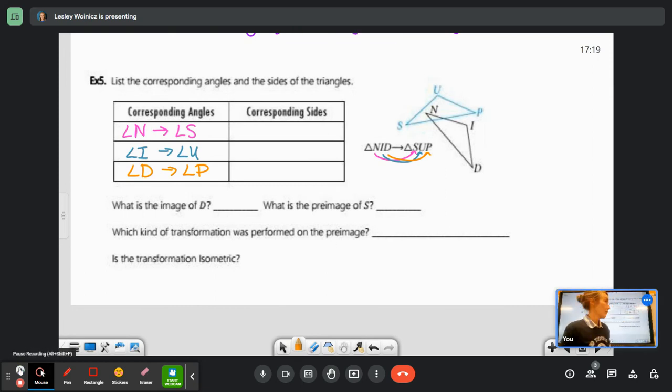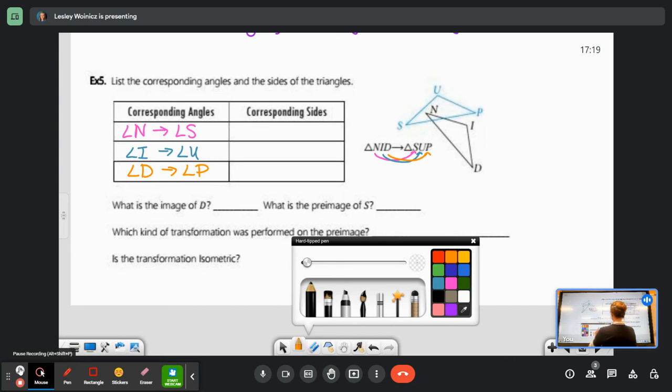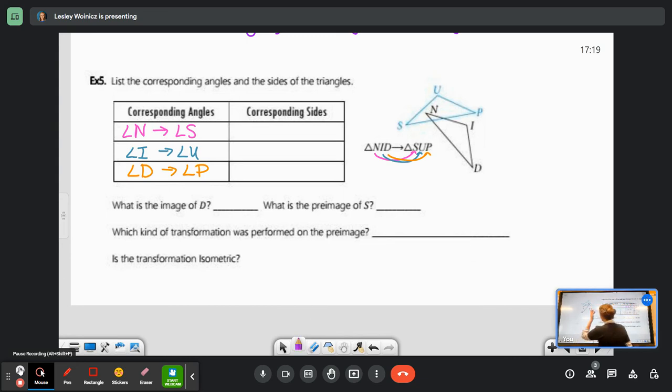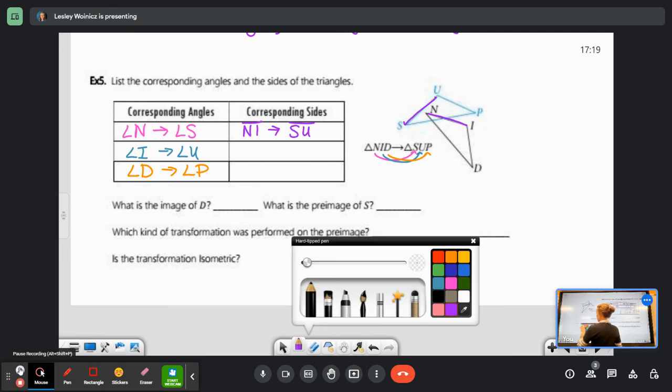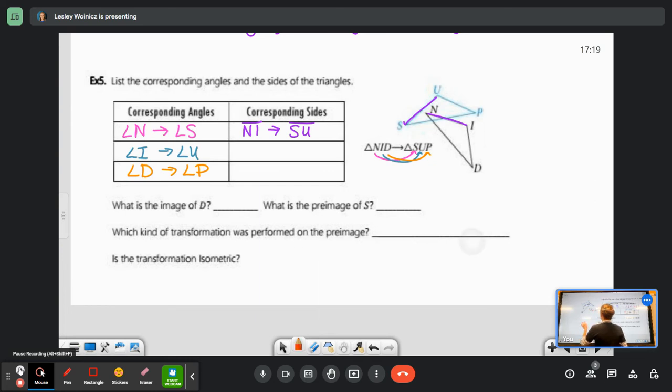Okay. For our sides, we have to make sure that we keep going in order. So I'll start with NI. Segment NI maps to segment SU. That's this one going to that one. Then segment ID maps to segment UP.